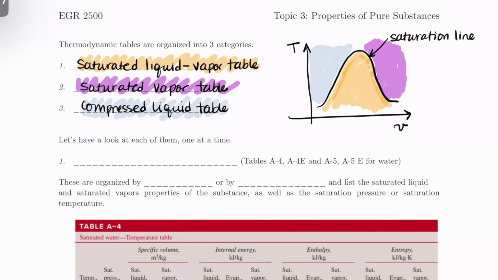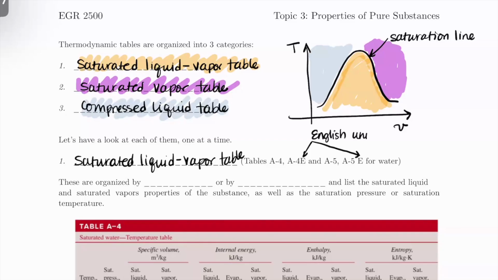Okay, so we're gonna do these one by one, and we're gonna start with the saturated liquid-vapor table. In the book, this is tables A4 and A4E, as well as A5 and A5E for water. Just a reminder, the E at the end just means English units.